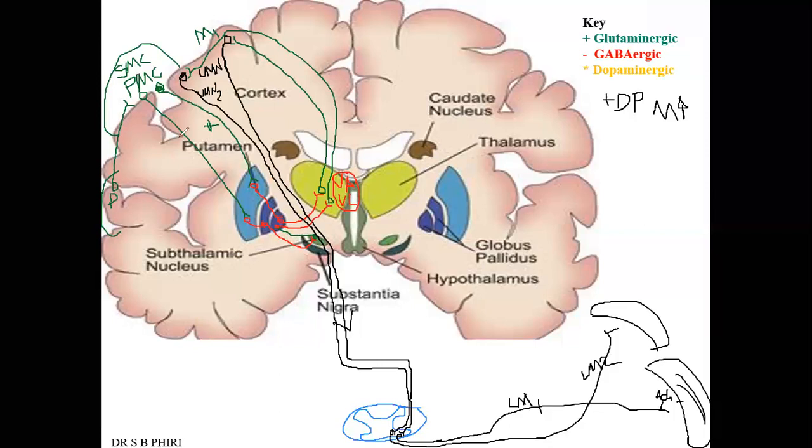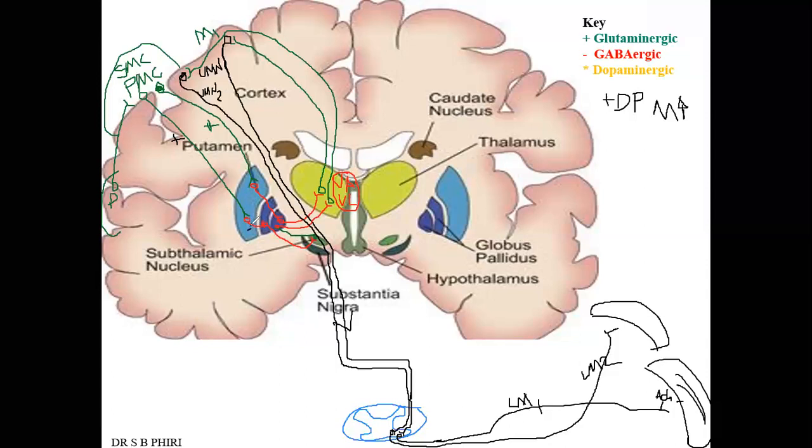So what happens when there is a stimulation? Step by step. Of course, you're going to have a plus here because this is releasing glutamate, so it's a glutamatergic neuron. So it's going to release glutamate here that is going to stimulate this inhibitory neuron. So this inhibitory neuron is going to be stimulated.